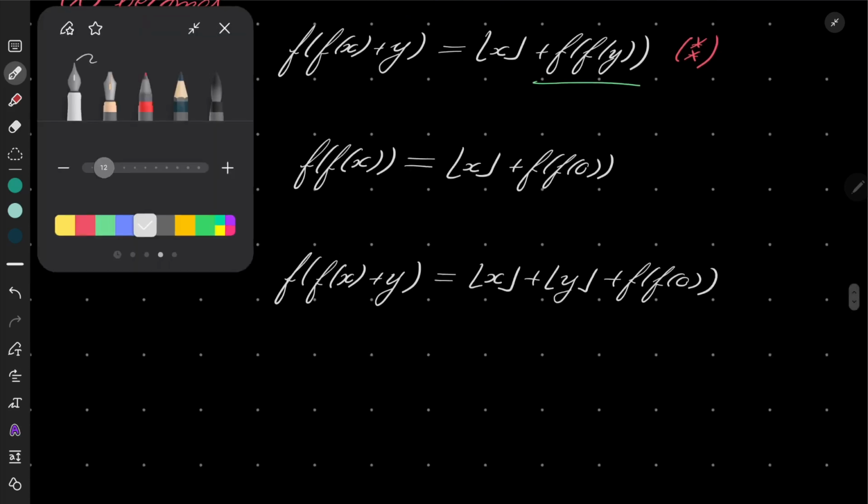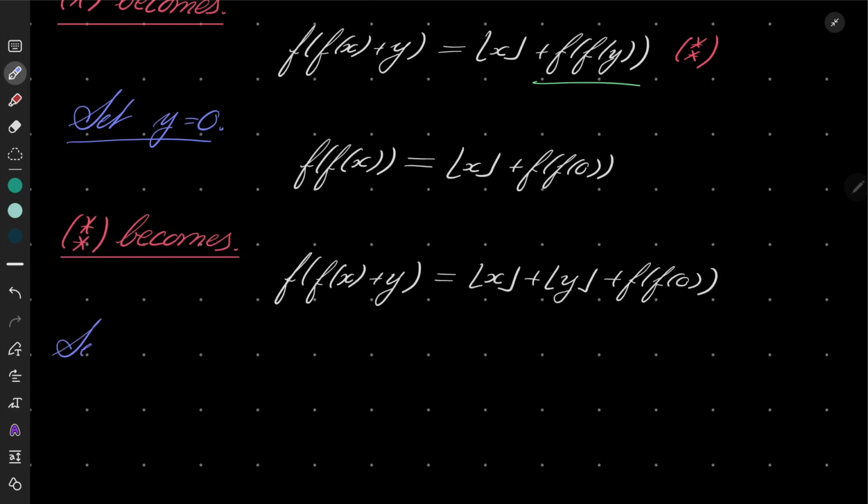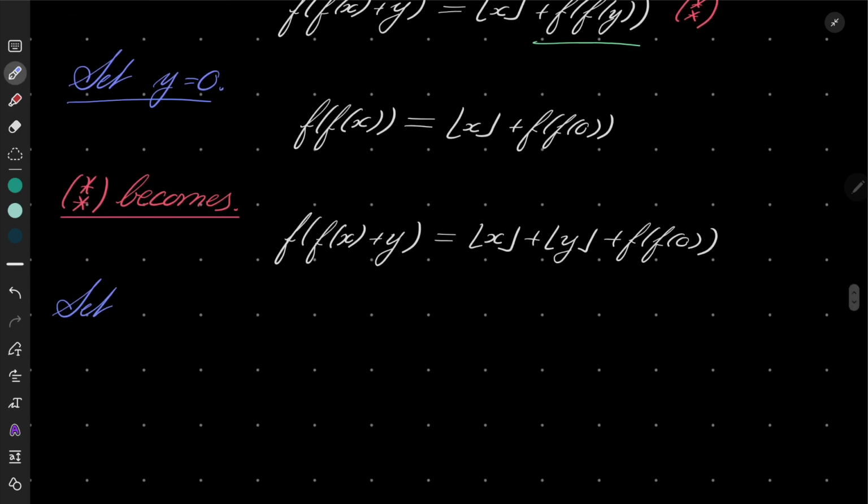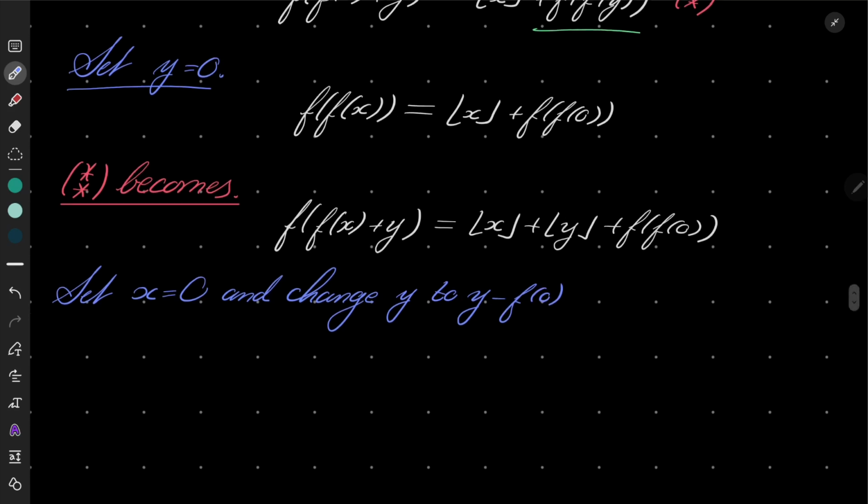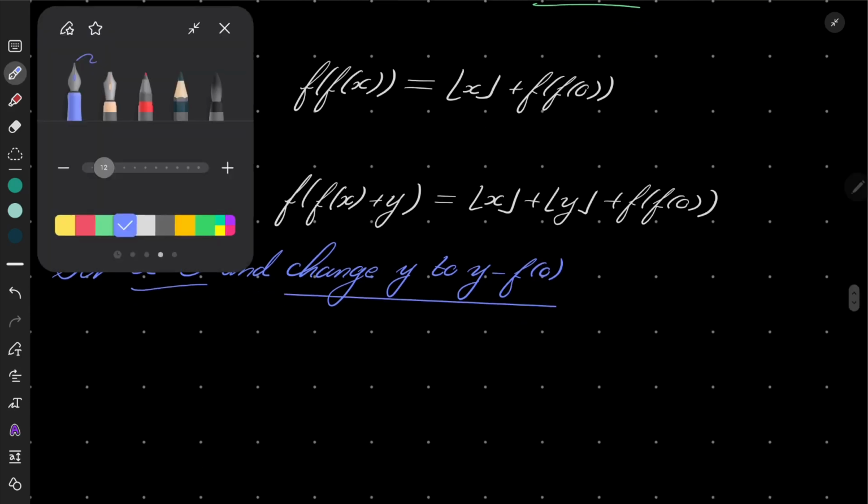And now I wish to set some variables. First, set x to be 0 and change y to y minus f of 0. So instead of y, let's put everywhere y minus f of 0. What do we have now?